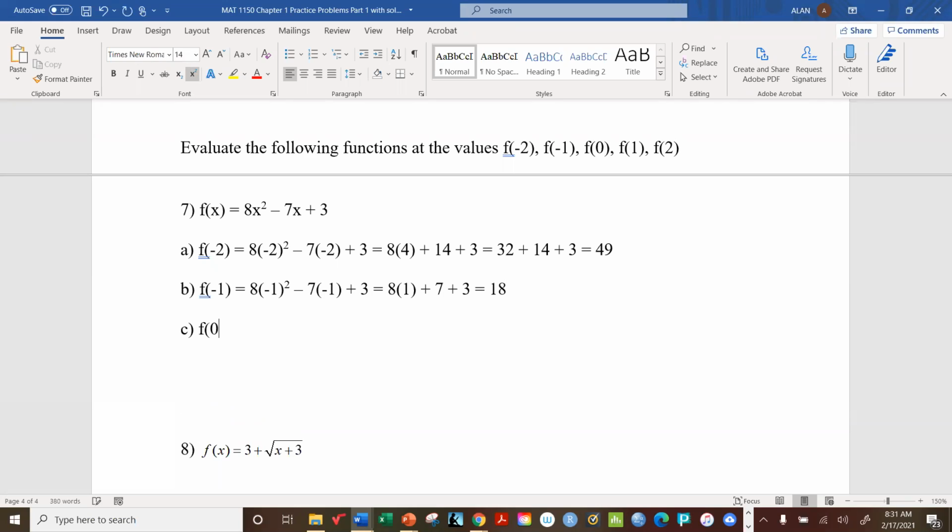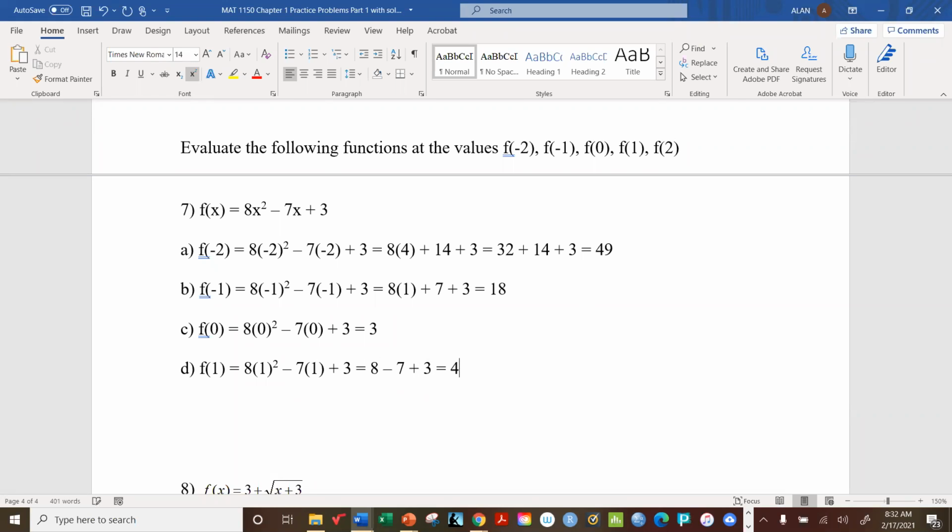Okay, f of 0. Now this will be easy because 2 of the terms will just drop out. I like that. F of 1 is 8 times 1 squared minus 7 times 1 plus 3, which is 8 minus 7 plus 3, which is 4.